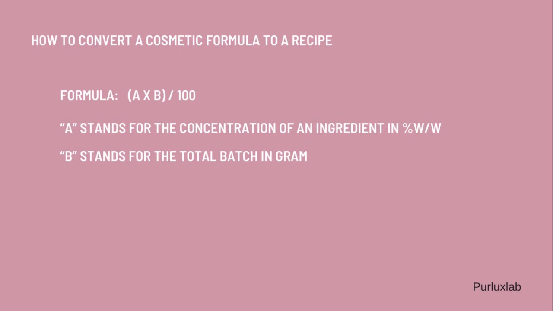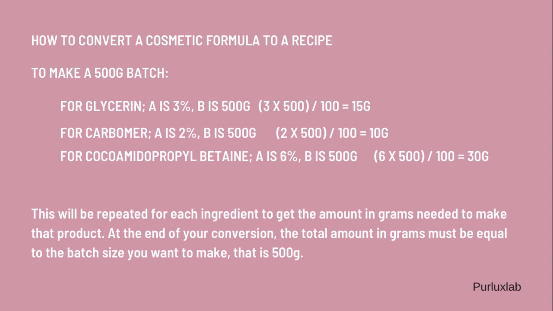And using the typical formula example I gave you earlier, I'm going to assume that I want to make a 500 gram batch of that particular product, and I'm going to convert each of my ingredients from percentage to gram. So first of all, I'm going to be starting with glycerin, which has a fixed usage rate of 3%.